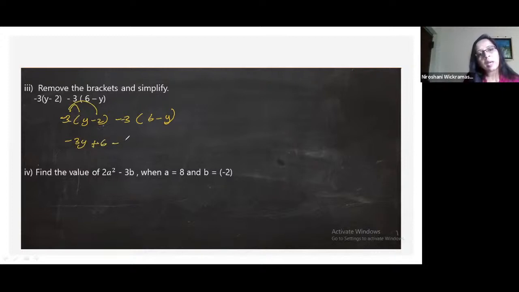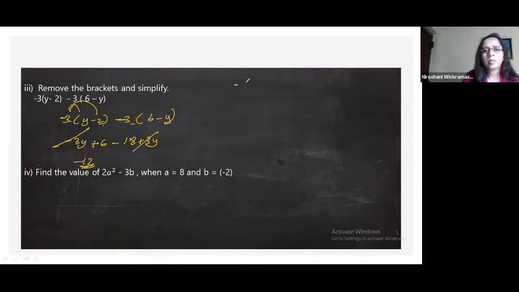Minus 3 times 6, minus 18, minus times minus plus 3 times y, 3y. Now check the like terms. Minus 3y and plus 3y cancel out. Plus 6 minus 18, minus 12.